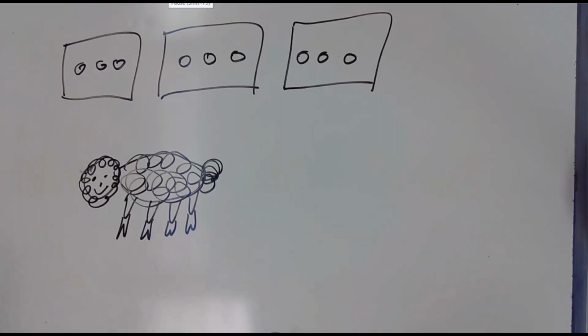Okay, so how is that related to math? Let's assume that instead of one sheep in a box, there is an unknown number of sheep in the box.